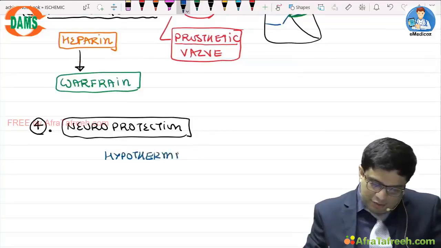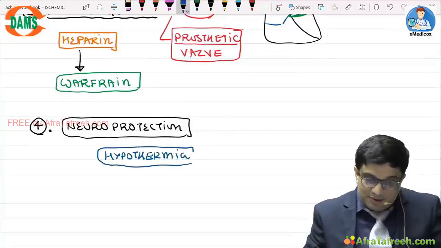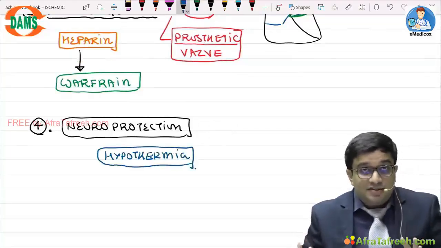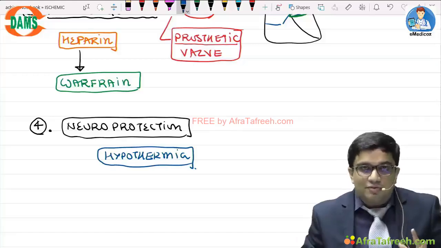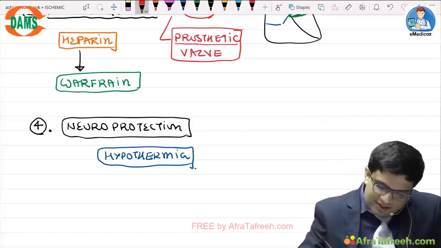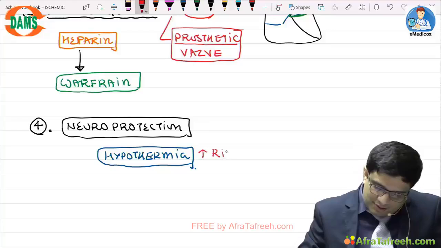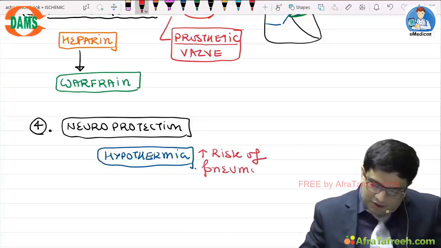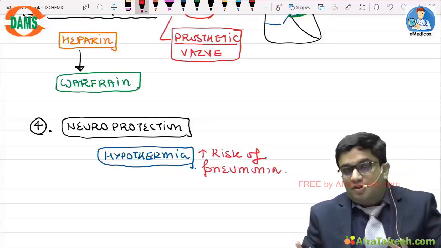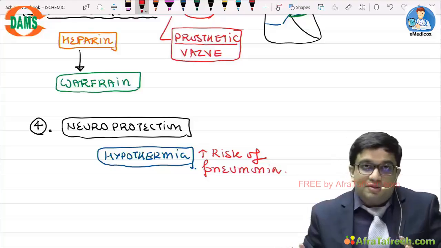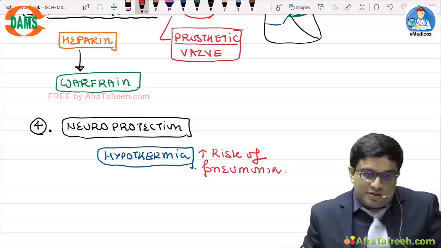Hypothermia was found to be protective for the brain cells, but we lack studies. And remember, to maintain hypothermia, you have to keep the person in a cold environment that will increase the secretions everywhere, and there is a higher risk of pneumonitis. There's a higher risk of pneumonia in such people. So we still don't recommend a hypothermic approach very often to deal with neuroprotection.